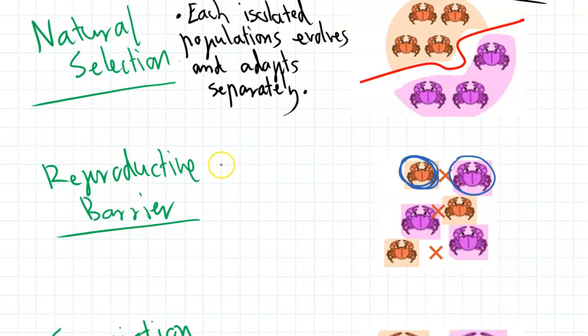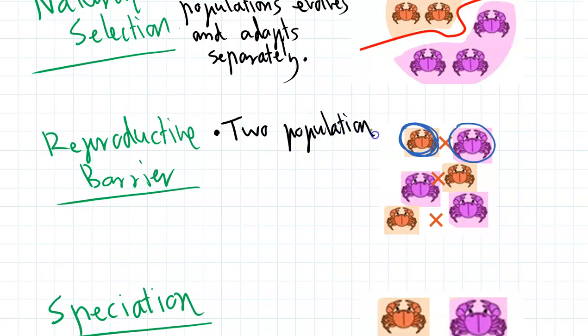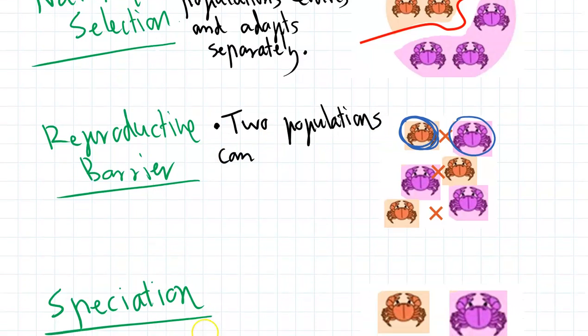Maybe they physically can't breed anymore because the structure of their reproductive organs might have changed. So there's lots of different types of reproductive barriers, but the overall effect is that the two populations can't breed anymore. Even if we brought them together again.